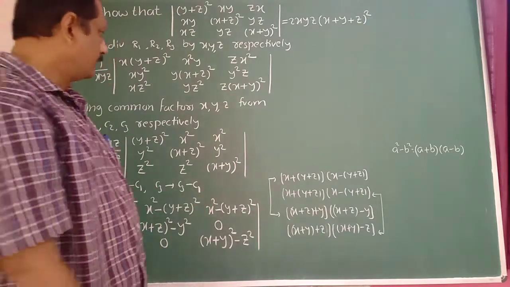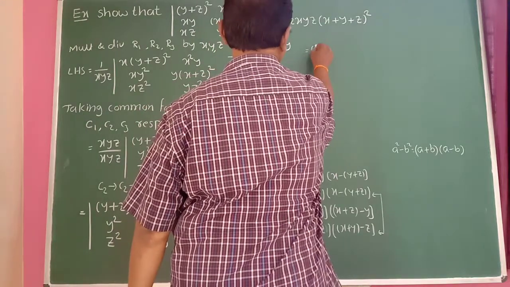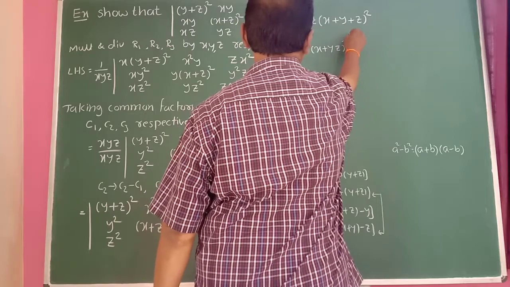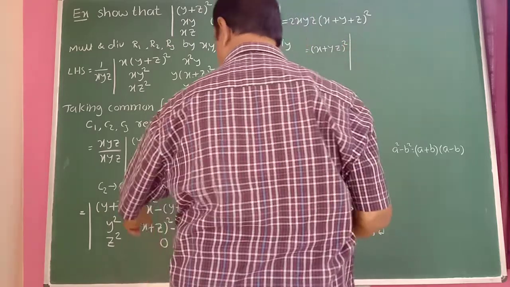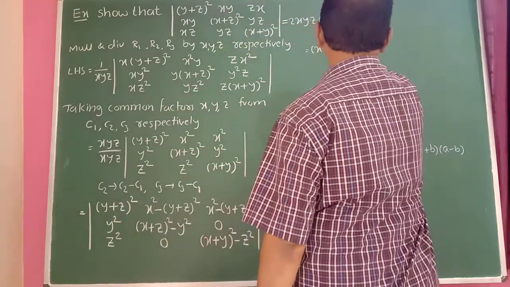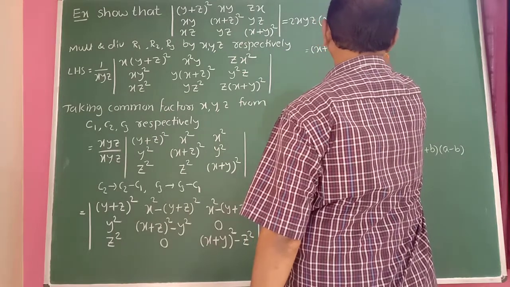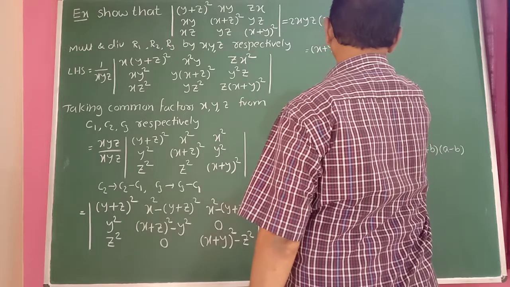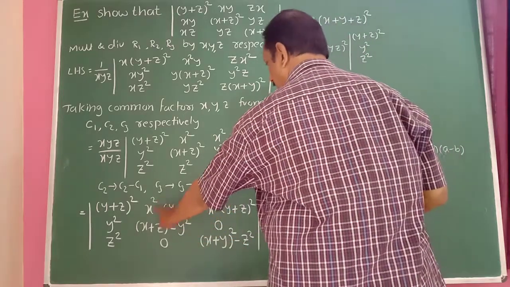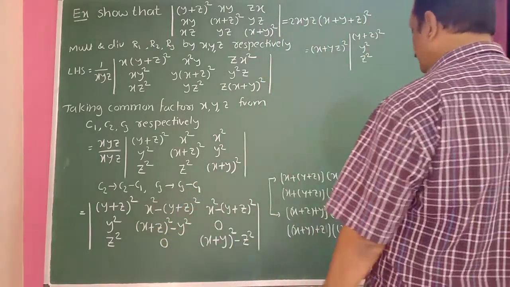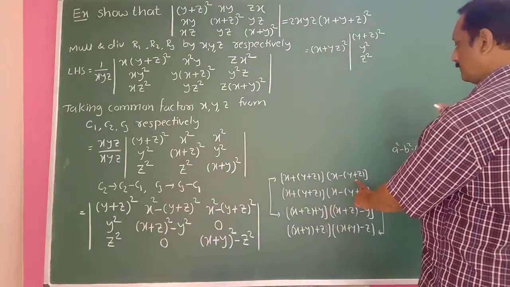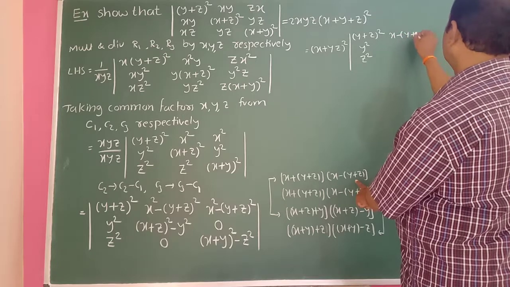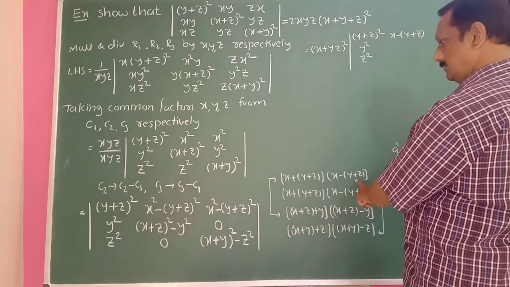Therefore, this is equal to x plus y plus z whole square into determinant of: the first column write as it is, y plus z whole square, then y square and z square. Here x plus y plus z is the common factor, therefore x minus (y plus z) is the remaining term.